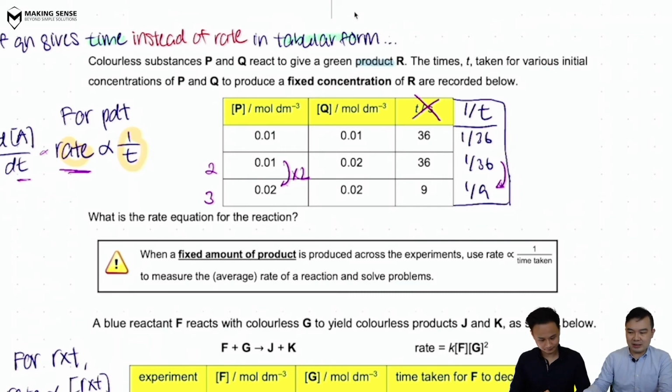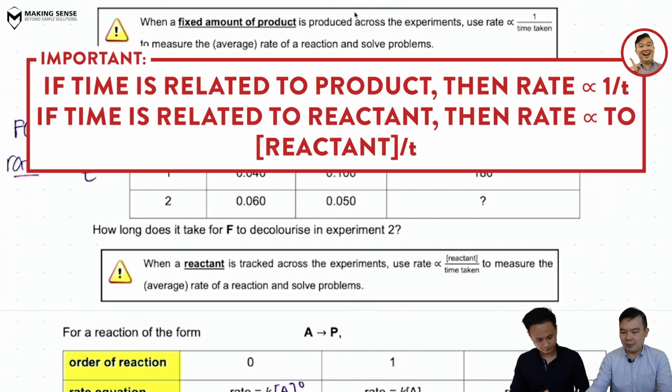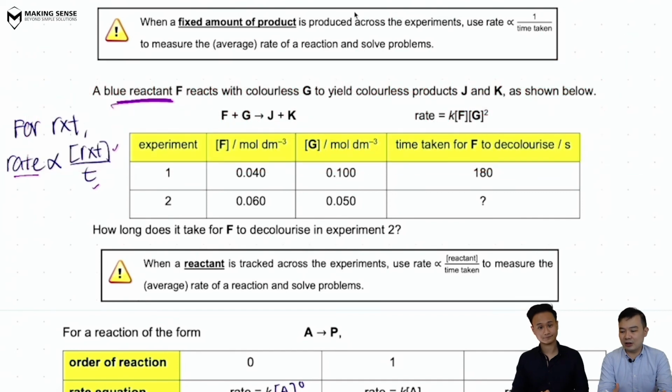But sometimes the questions are a bit tricky. They like to give you the time for the reactant to disappear. If that's the case, we are still saying that the rate is inversely proportional to time, but there's an additional concentration of the reactant factor. So not only is the rate inversely proportional to time, you must also put in the numerator the concentration of the reactant that you're trying to measure.